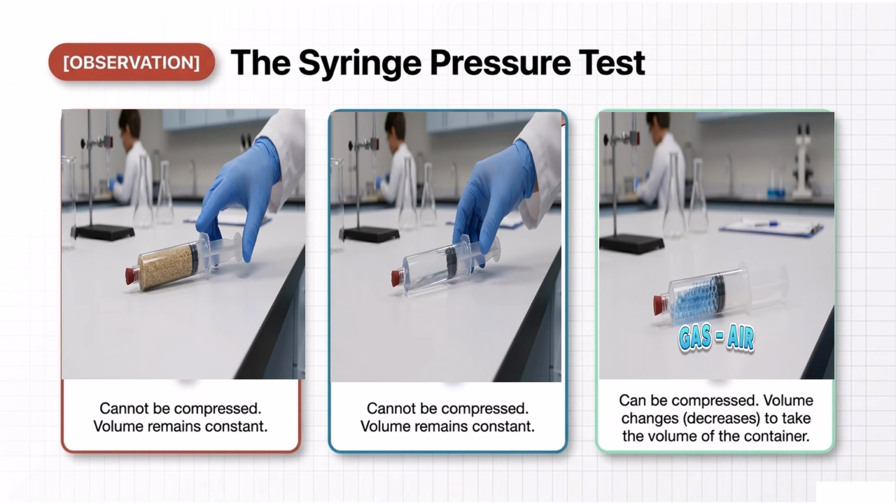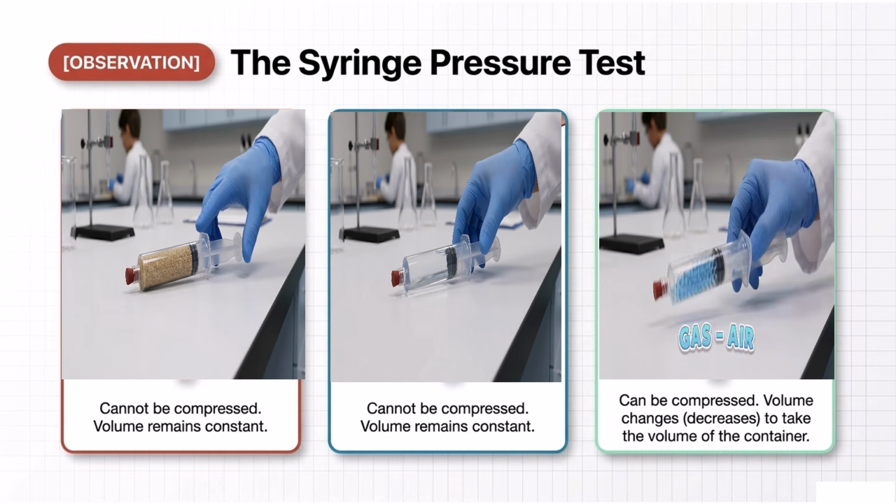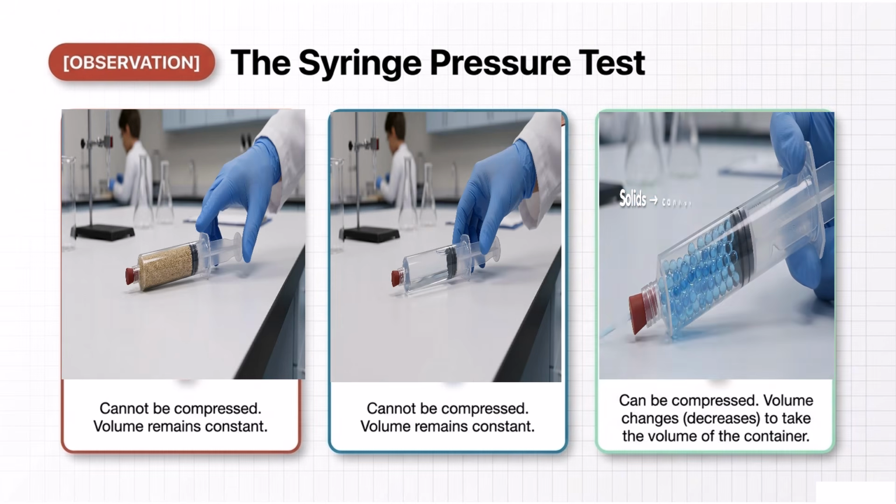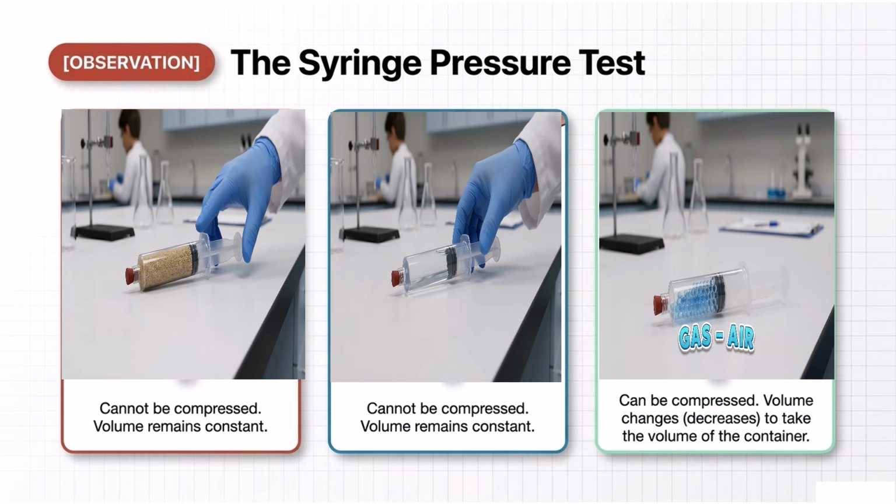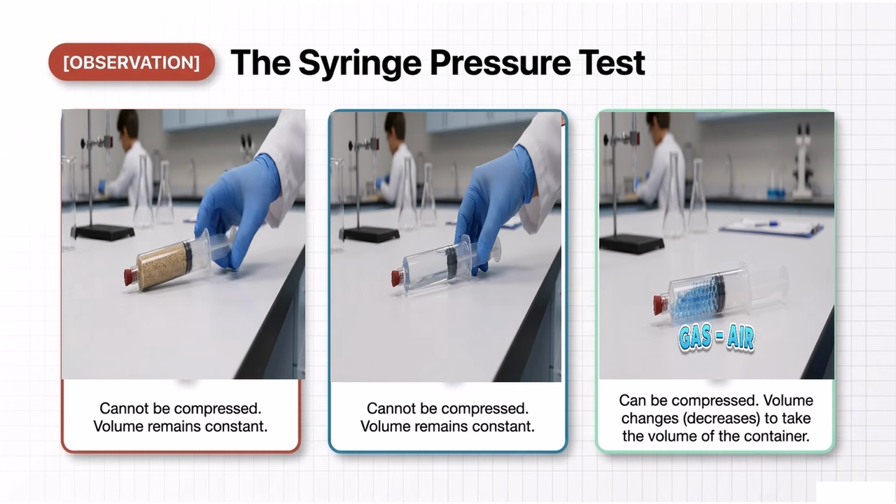Let's see the air. This syringe contains air. When we press the piston, the air can be compressed, so the volume changes, or decreases.